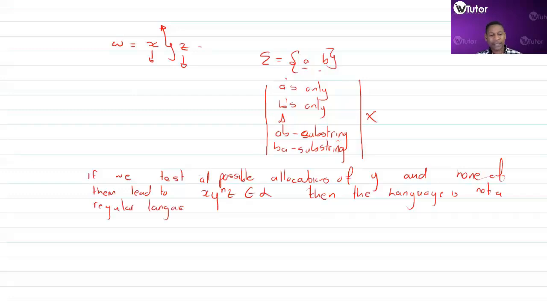But if we find even one choice that leads to all words of the nature x y to the power of n z being an element of the language, then it is going to be a regular language.